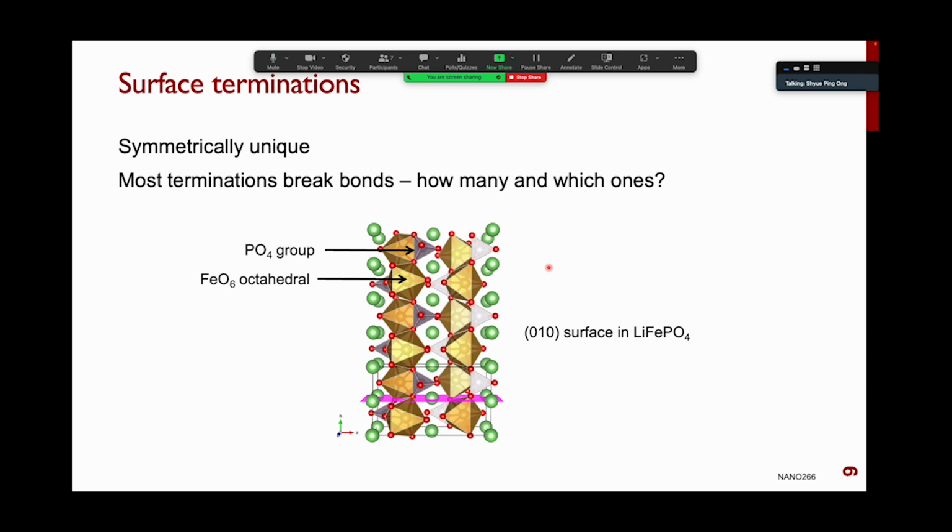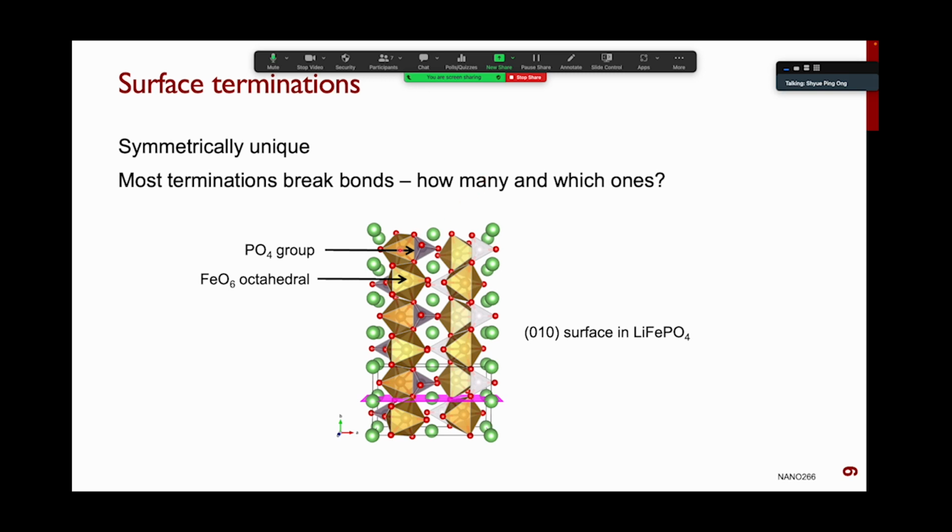Now, quite often, just by considering which kind of bonds your terminations, your cleavages of surfaces, are going to create, you can make a good guess as to which of these cleavages are going to result in high energy surfaces and which are going to result in low energy surfaces.